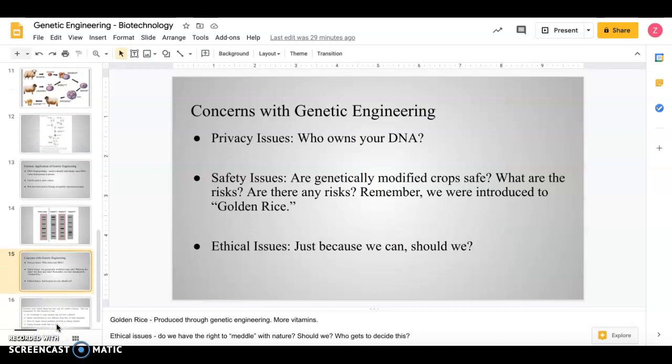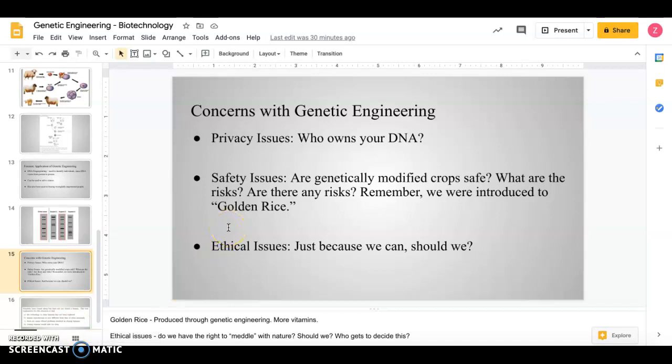And we're going to wrap it up with some concerns with genetic engineering. So there are some privacy issues. Now that DNA testing and genetic engineering is becoming so widespread, there's kind of an issue. Who owns your DNA? You'd think you own your DNA, but that's still an issue.